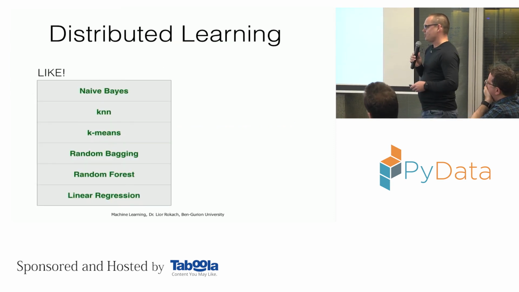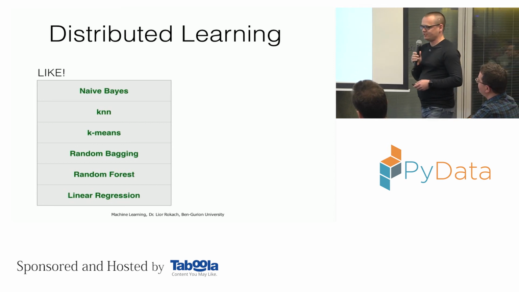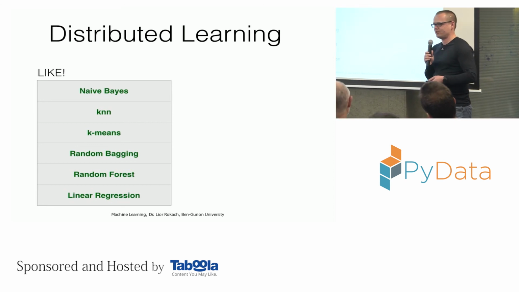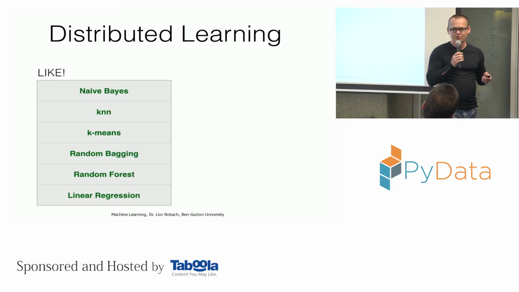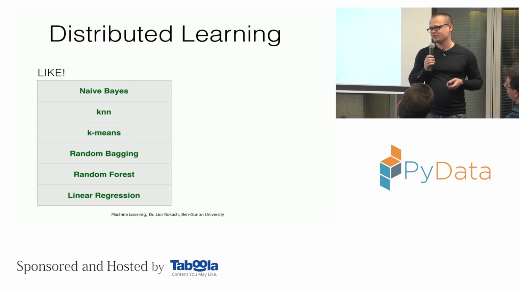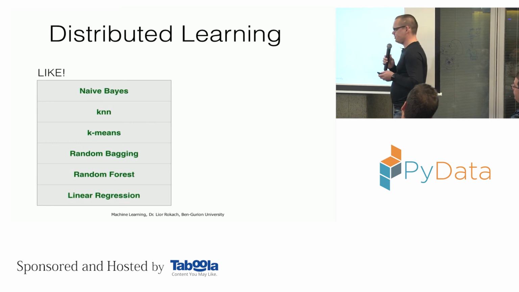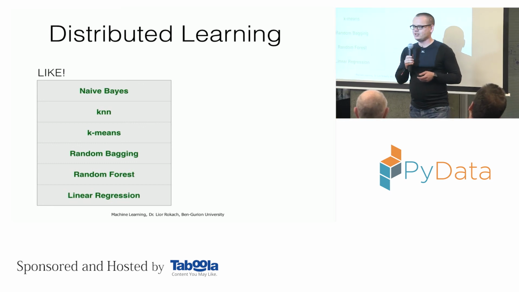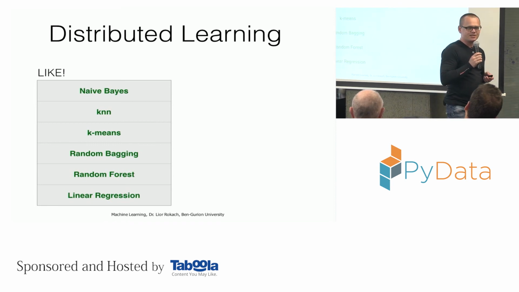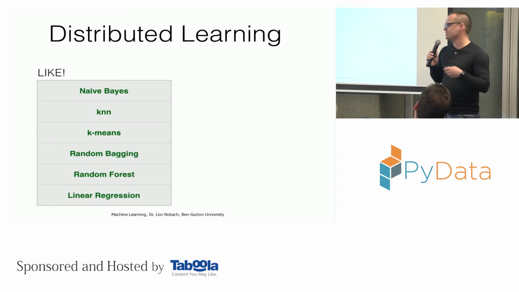So something that is very interesting also is which algorithms can actually exploit the distributed structure of Spark. The algorithms that really benefit from Spark are those that make as few passes on the data as possible.